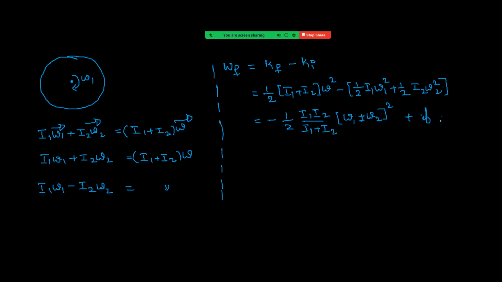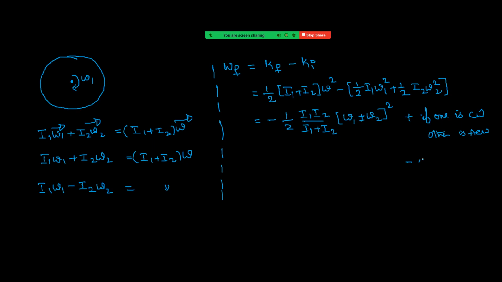We take plus if one is clockwise and the other one is anti-clockwise, meaning opposite, because in that case loss is more. More means, anyhow this is a constant, so this should be more, that's why omega 1 plus omega 2, right?